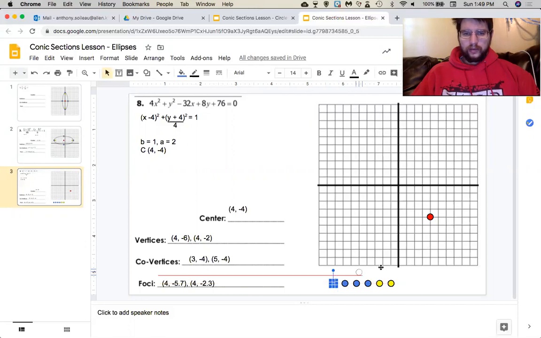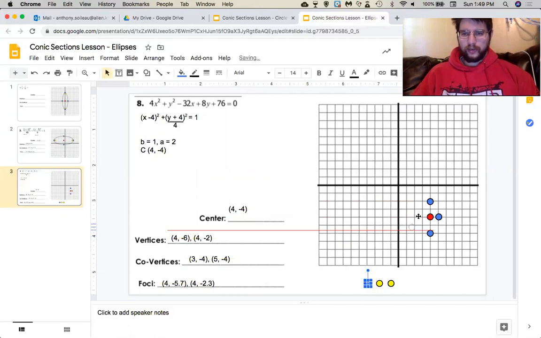And then let's see. Two units away. It's a vertical ellipse. It's a very short vertical ellipse. 1 unit away. Yeah, I'm definitely not going to plot my foci in. It's too crowded already. It's about like that.